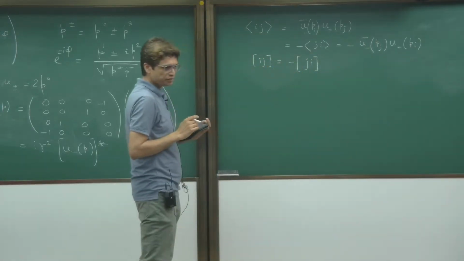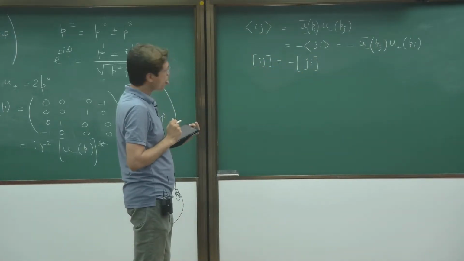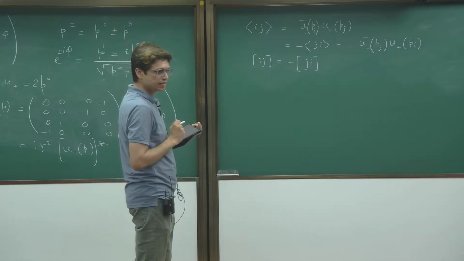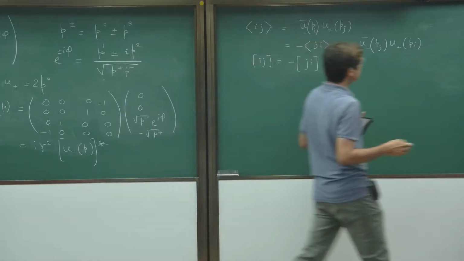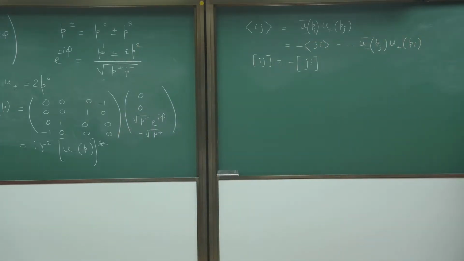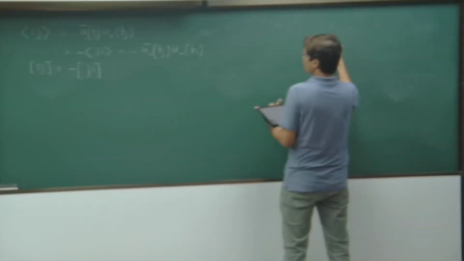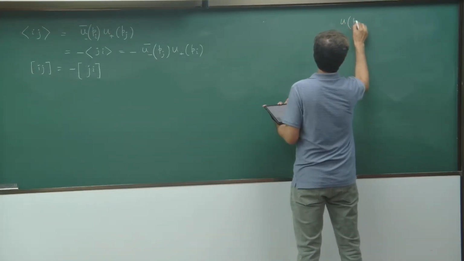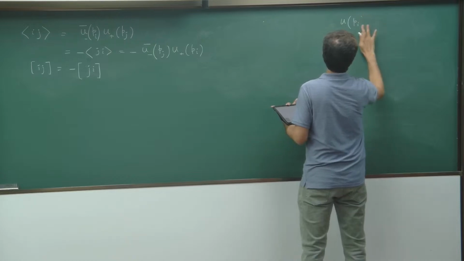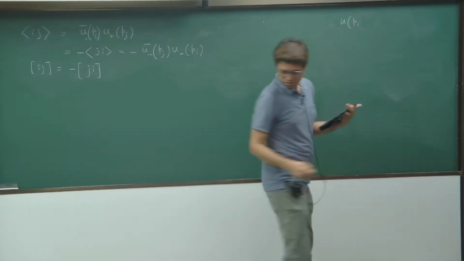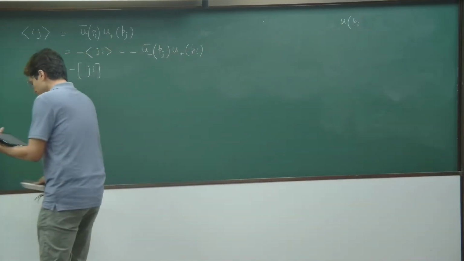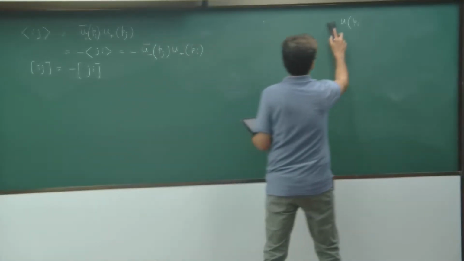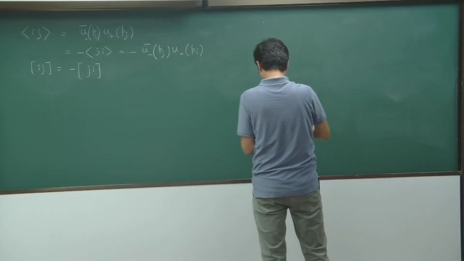What is the corresponding u? Okay, that I should write down here. Okay, so u pi. Let me write it down in a clear notation that I will be using very often.